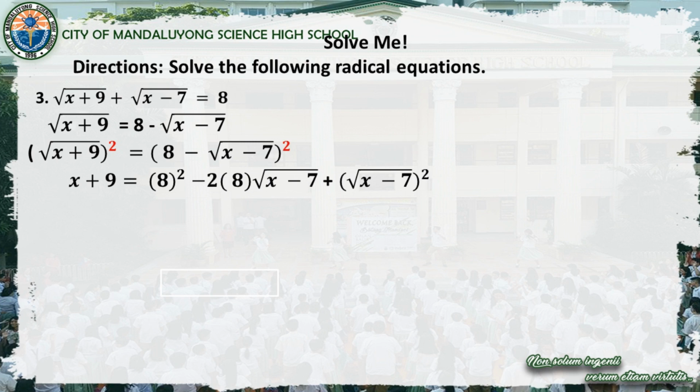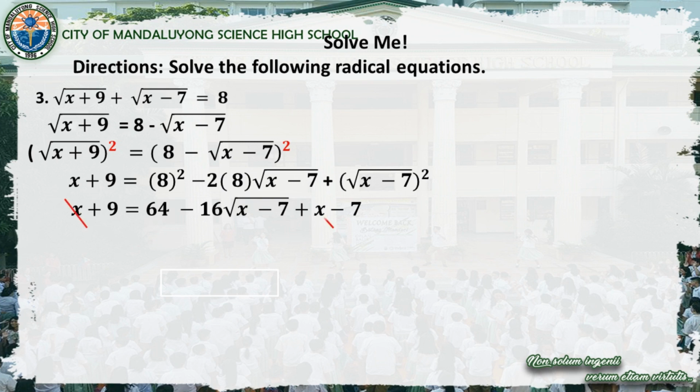And then moving on, in the meantime, just bring down x plus 9, and 8 squared is equal to 64, and the product of negative 2, 8, and the square root of x minus 7 is negative 16 times the square root of x minus 7, plus, the radical sign here cancels out, so we have plus x minus 7.